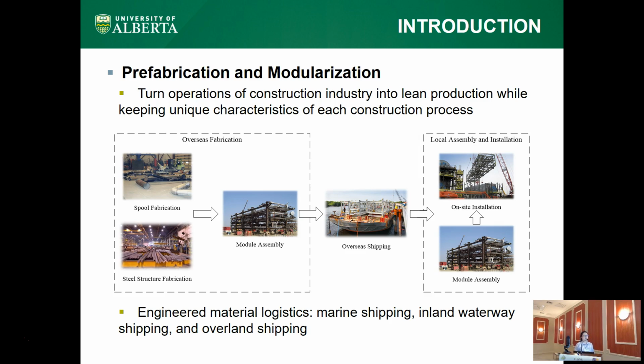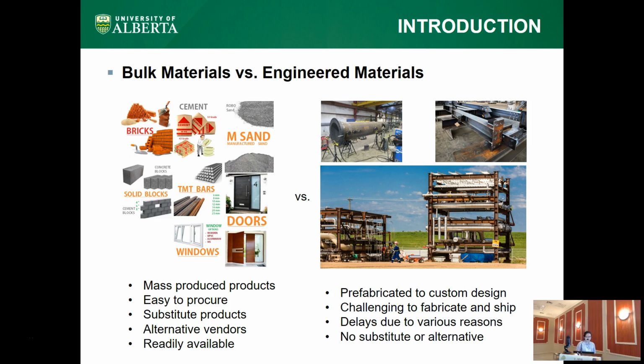The logistics of this engineered material includes marine shipping, inland waterway shipping, and overland shipping. Compared with traditional bulk material, engineered material has its own characteristics. As we all know, bulk materials are all raw materials, so they are massively manufactured and easy to procure, and can easily be available before construction.